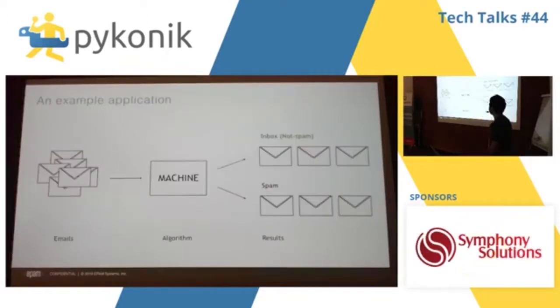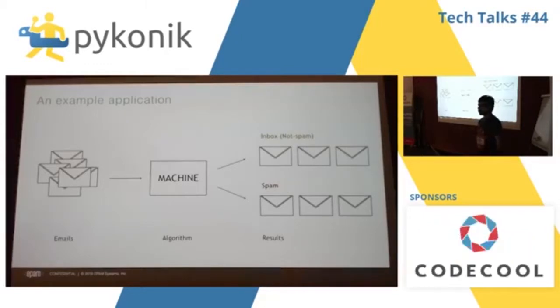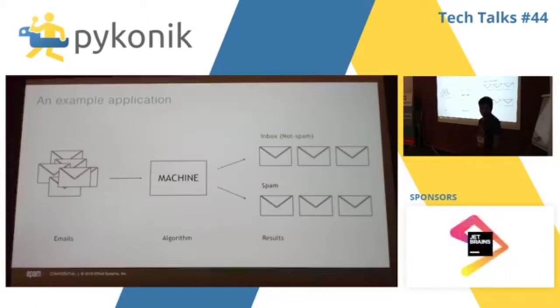So this is an example application, spam or not spam. We have some emails and we don't know which is which. Let's imagine we are Gmail. We need to filter somehow the spam emails and not spam emails. So we have some emails that are not filtered yet, and we need to label and classify them.